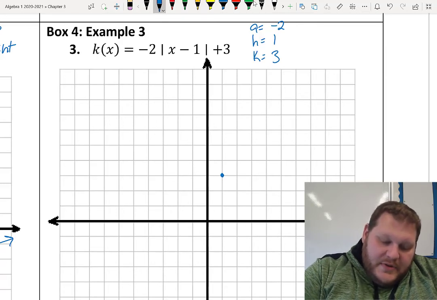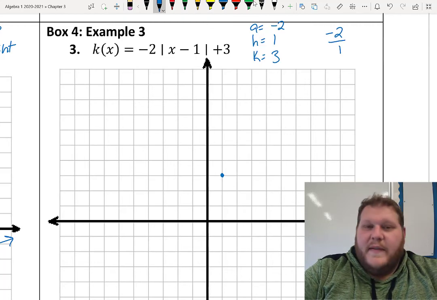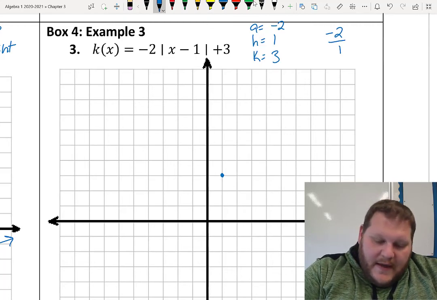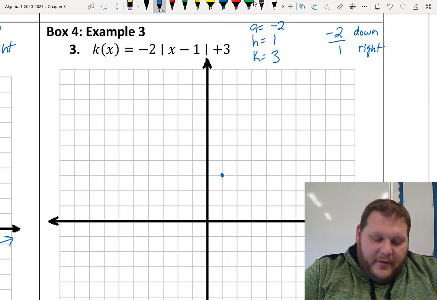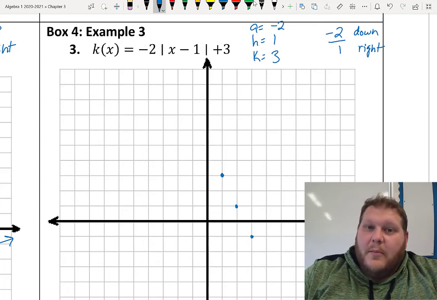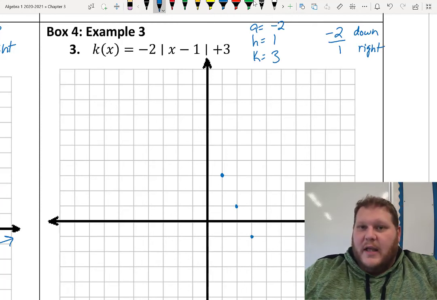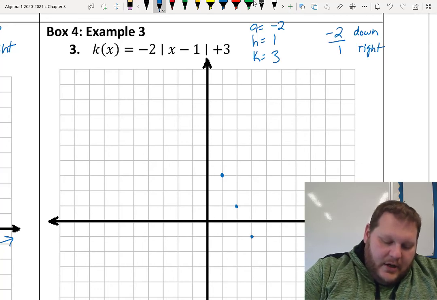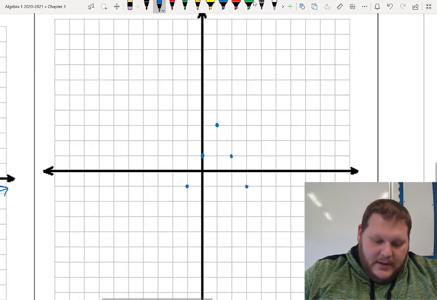Now my slope, since it's -2, we can turn that into a fraction by putting it over 1. That means I'm going down 2 and to the right 1. So from this point, which is my vertex, I go down 1, 2, over 1, down 1, 2, over 1. If I know that's what my right branch looks like, I know down 2 over 1 the other way is what my left side looks like.